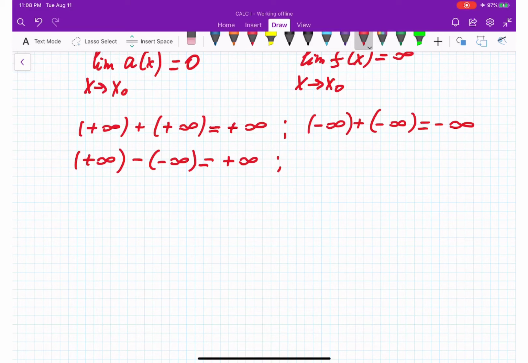Next, negative infinity minus positive infinity. It's like negative infinity minus negative infinity again, right? So it's going to be negative infinity. To take an example, let's say negative 5 minus 3 again.